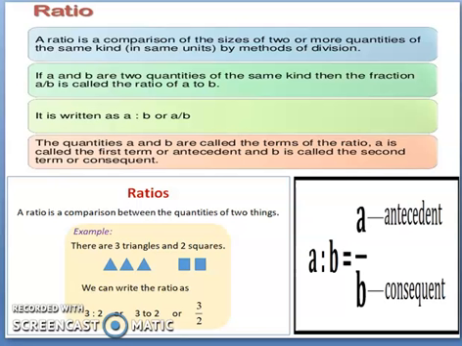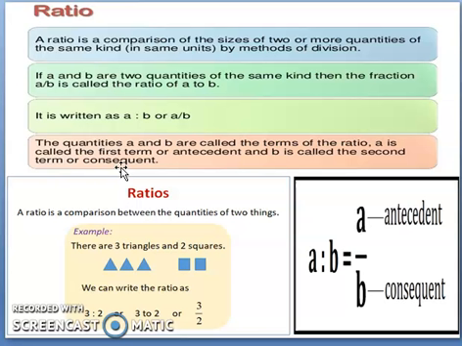Before we start the chapter, let us know what is ratio. A ratio is a comparison of the sizes of two or more quantities of the same kind in the same units by method of division. If A and B are two quantities of the same kind, then the fraction A upon B is called the ratio of A to B. It is written as A is to B or A upon B. The quantities A and B are called the terms of the ratio.